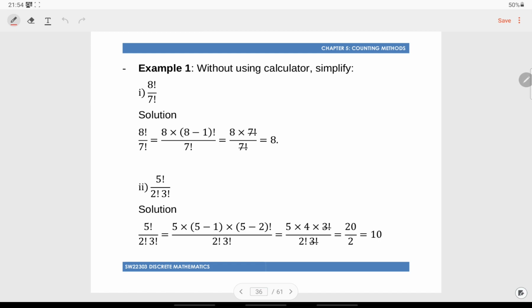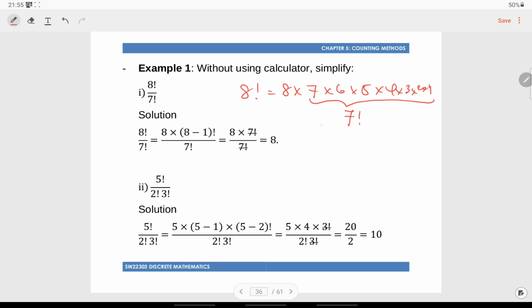The question: without using a calculator, simplify the following expression. We have 8 factorial over 7 factorial. 8 factorial means 8 times 7 times 6 times 5 and so on up to times 1. 7 factorial means 7 times 6 times 5 up to times 1. So 8 factorial equals 8 times 7 times 6 times 5 times 4 times 3 times 2 times 1, and all these parts can be represented by 7 factorial.